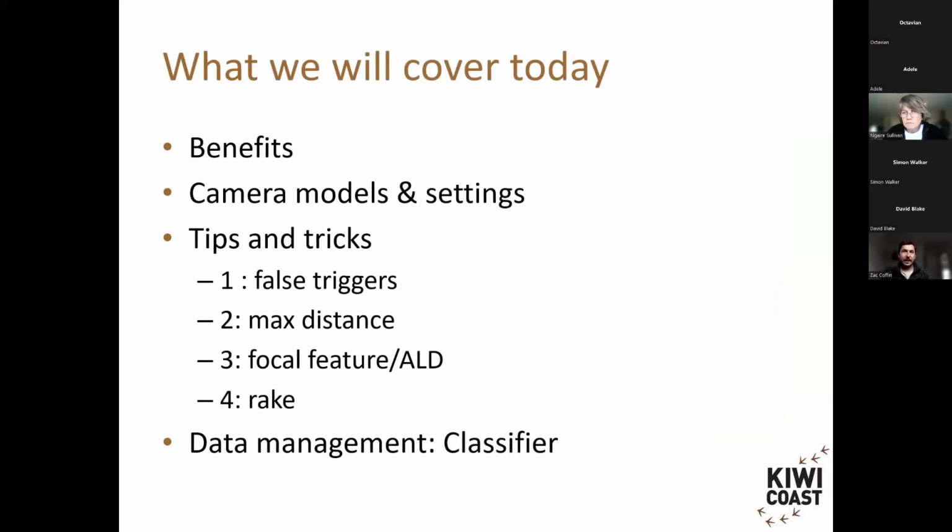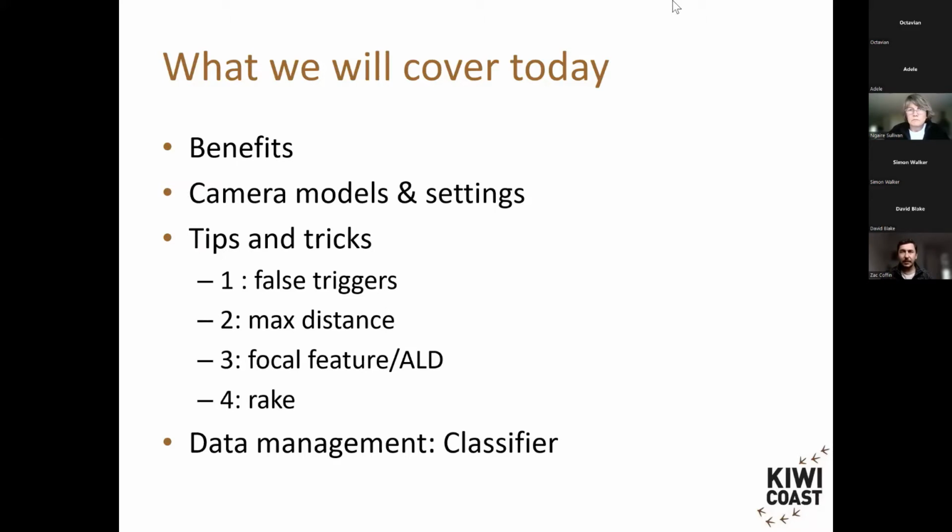What we will cover today. So the benefits of these cameras over traditional methods. We'll talk about a couple camera models. One that we use at Heads as a standard model example, plus a cellular model that I've used in past projects, just to give you an idea of their functions and a rough ballpark of pricing.